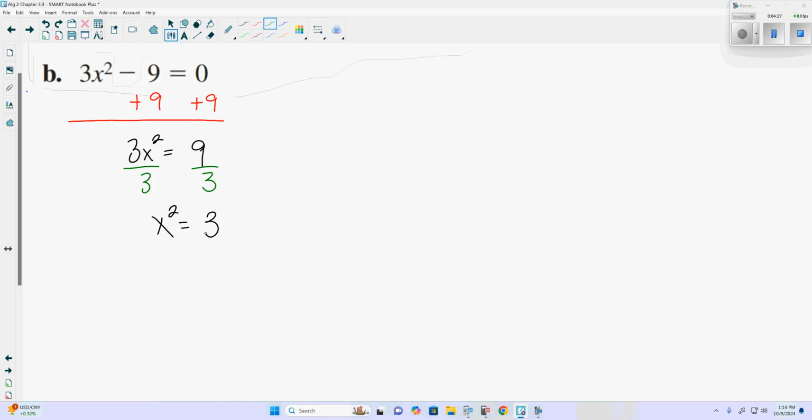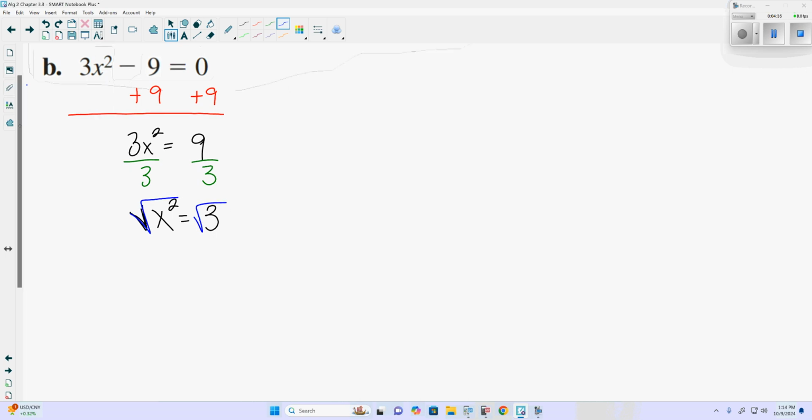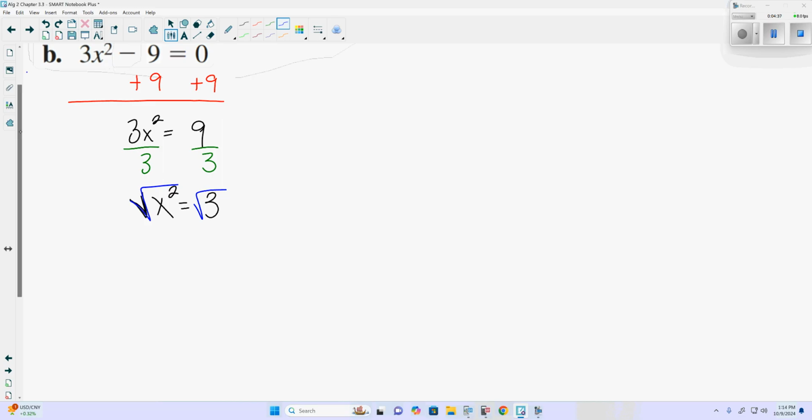At this point here, we can move on to step 2 and take the square root of both sides, because the square root of x squared is x. Equals, whenever we take the square root, or an even root, of both sides, we have to put the plus or minus. Square root of 3.